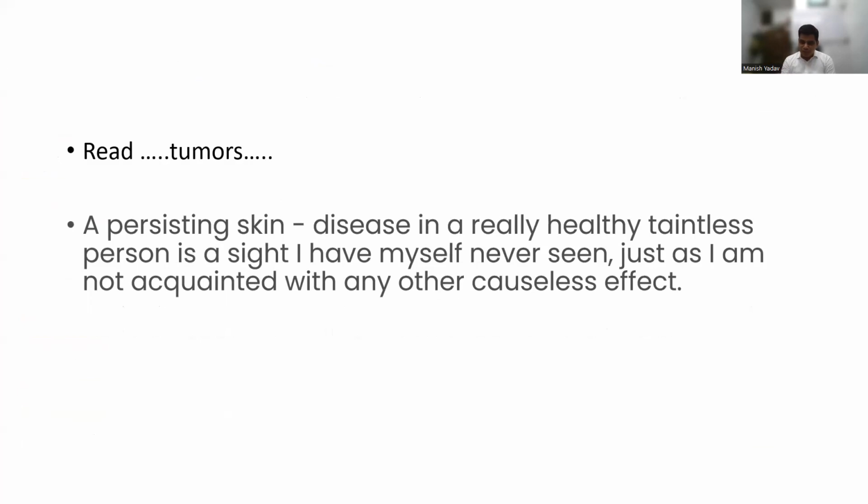He says if a person comes to you with a skin complaint, I have never seen cutaneous eruptions where the taint is not there. What is taint? Taint means the miasmatic factors. It has to be tainted, spoiled through the miasm. When that is not there, I have never seen it. It means that whenever cutaneous eruptions are there, please go back and look for the cause, the fundamental cause.